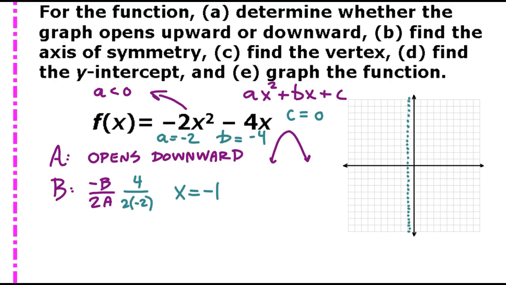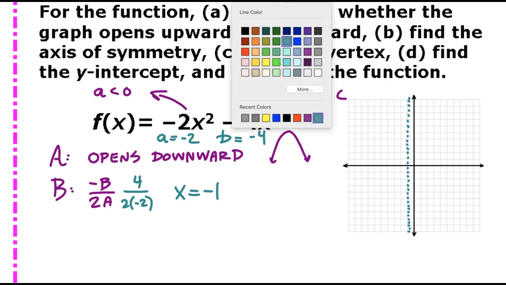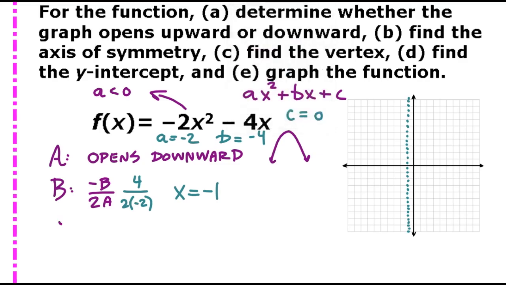So my vertex is somewhere on that imaginary vertical axis. Where is it on that axis? Well, the x value of the vertex and the axis of symmetry are the same, so that's negative 1. And now I want to find what is f of negative 1. That's essentially the y value of my vertex, so I plug negative 1 into the function.